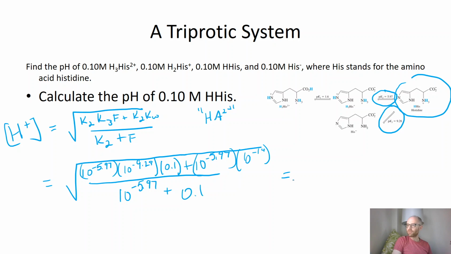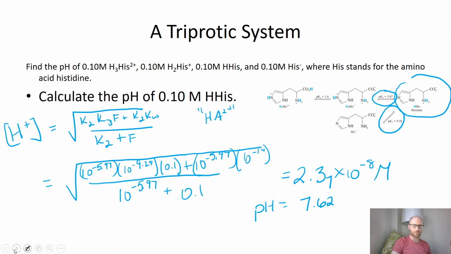When you throw that at your calculator, what you should come out with is 2.37 times 10 to the negative 8th molar, and the pH here is equal to 7.62. So again, we're following our pattern. Starting with each successive intermediate or more basic form, you're getting a higher and higher pH, which again logically follows.